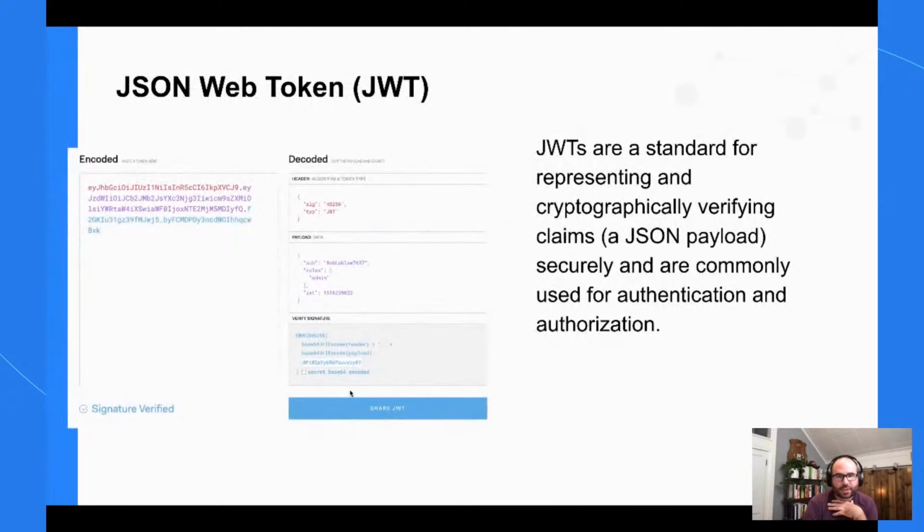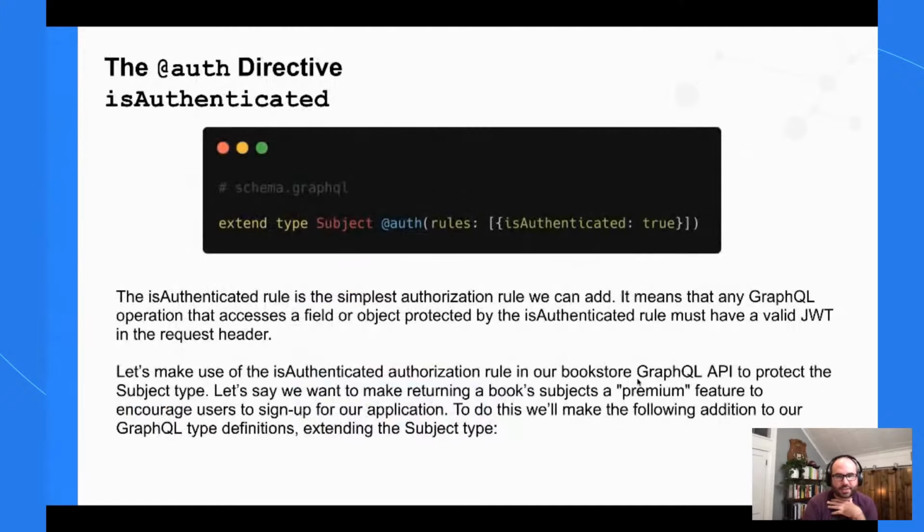If you're not familiar with JSON Web Token, it's basically a way to cryptographically sign a JSON payload. So anyone can read the payload that's in a JSON Web Token, but it's signed with a special key so that with a public-private key pair, you can verify that it was actually created by the application that should have issued the token. So this allows us to make sure that someone isn't just passing fake credentials with a fake token, that they actually are who they say they are.